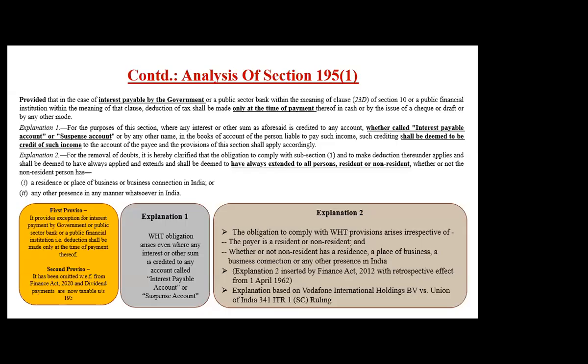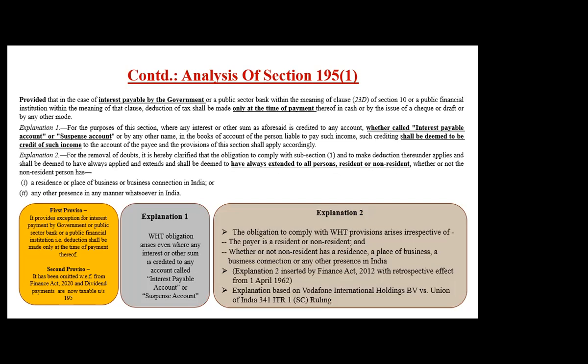Now there are 2 provisos to 195 subsection 1. One proviso says that if the payment is made by a government company, in that case TDS will only be withheld on the payment basis, and no credit or payment, whichever is earlier, will apply here. The second proviso, which has been deleted now, was on the dividend.